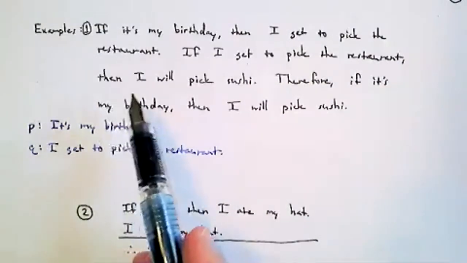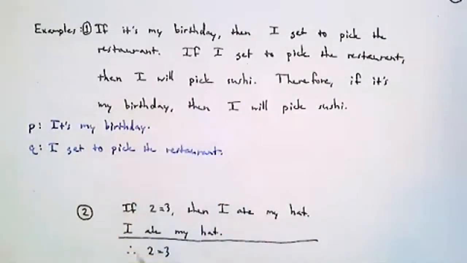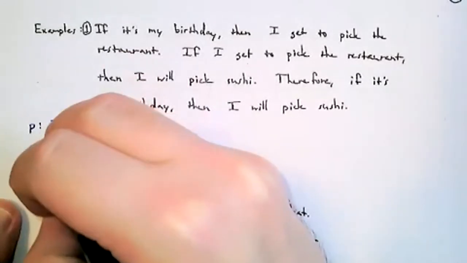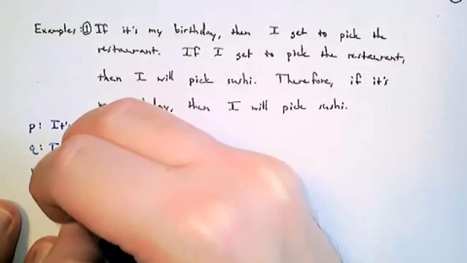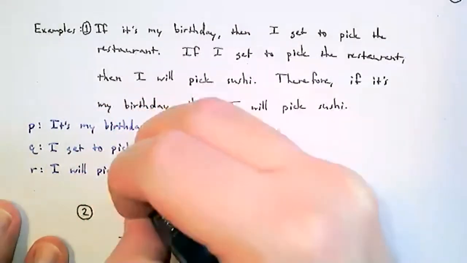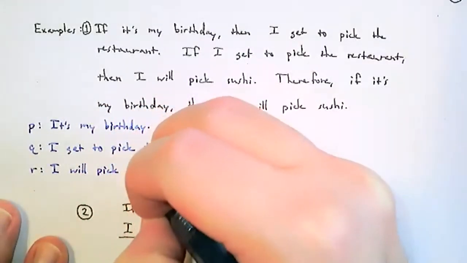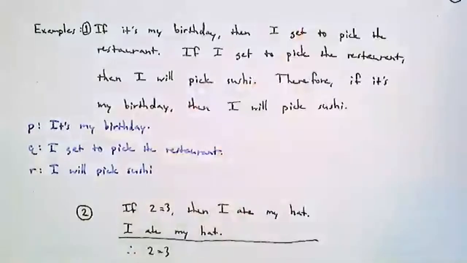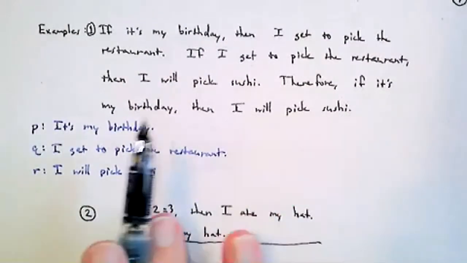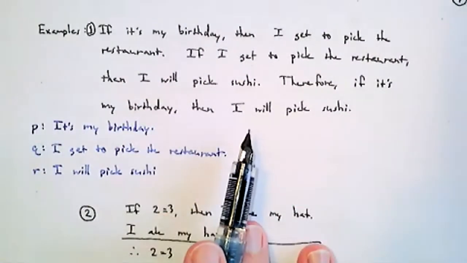So the next one is actually going to be this: I will pick sushi. And then the last sentence has P, then R.